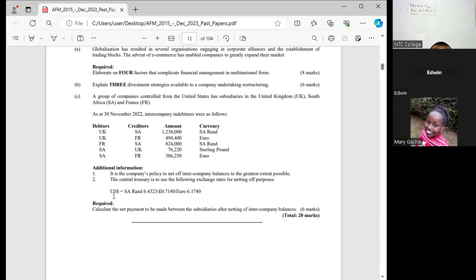One US dollar is equal to 6.4 rands. 1 US dollar is equal to 0.7 pounds. 1 US dollar is equal to 6.4, 6.7, 6.1. Calculate the net of payments to be made between the subsidiaries after netting off.